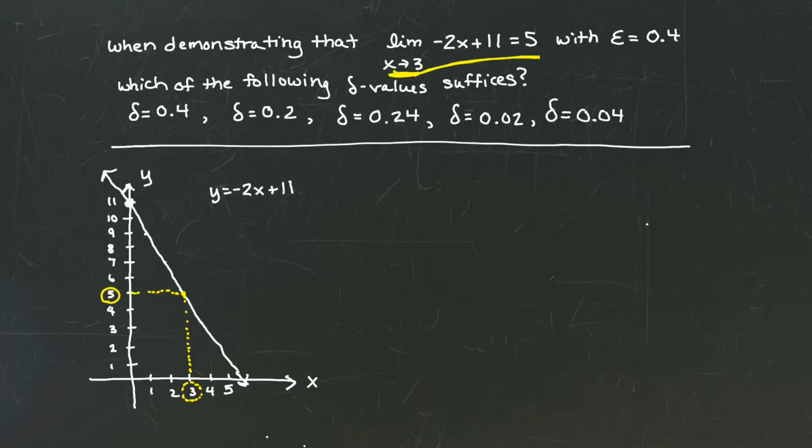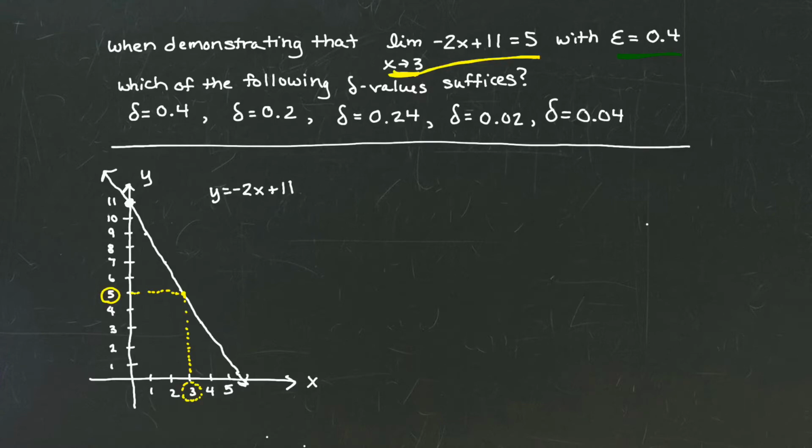Our next step is to incorporate this epsilon. We're given that epsilon is 0.4. Recall, epsilon is just a number, and it represents a distance on the y-axis in this delta epsilon proof.